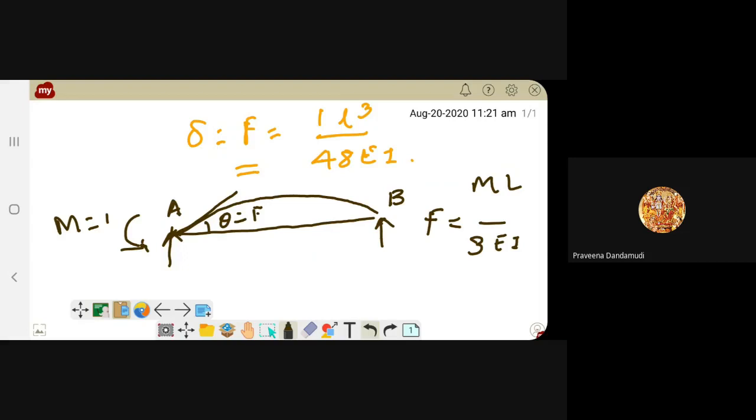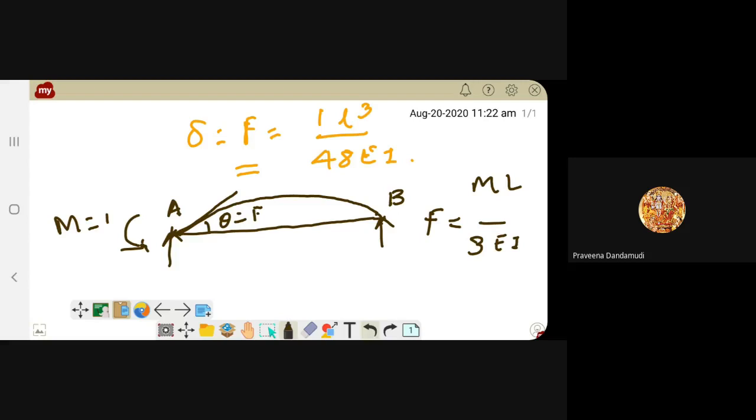Pravida has already given the answer, WL square upon 16 EI. This is regarding finding the flexibility coefficient for the slope itself. Are you getting this point?